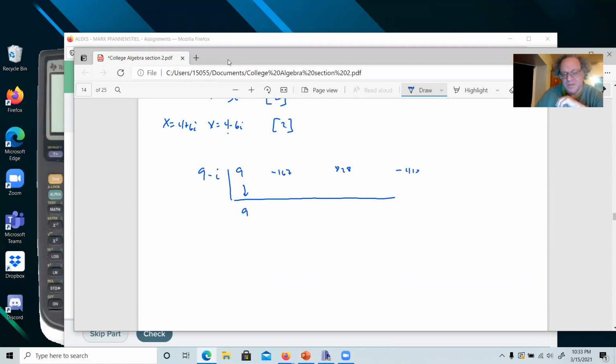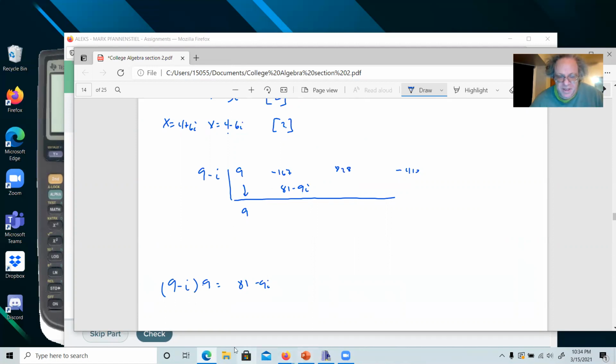Now we're going to take whatever we have here and multiply it by 9. So we have 9 minus i times 9, and that is equal to 81 minus 9i. Okay, so that is 81 minus 9i. And we're just going to add.